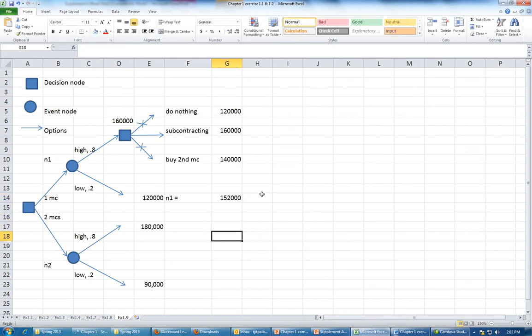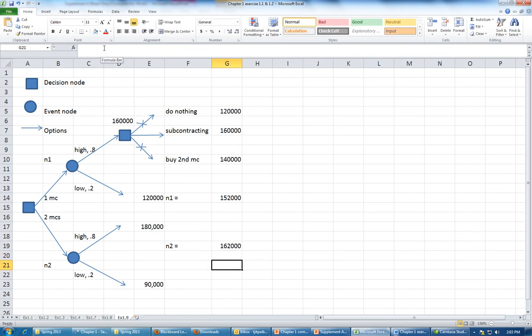For node number 2, we'll get 0.8 times 180,000 plus 0.2 times 90,000.